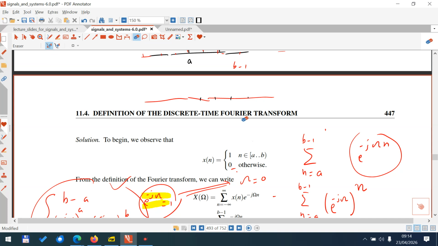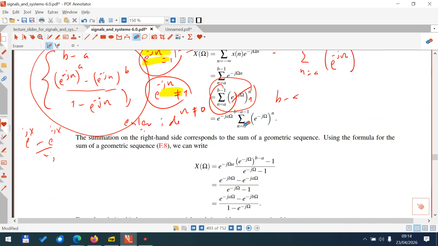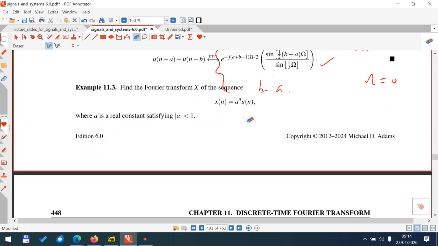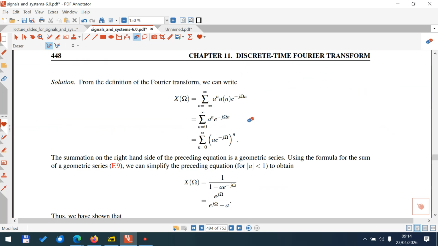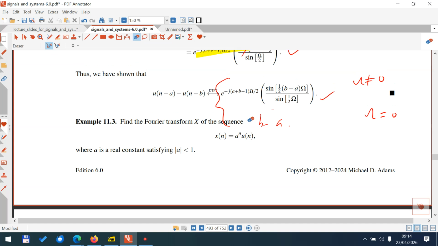We didn't need any generalized transform. But the next summation, no, here it's also classical because you have this real constant a, right? So let's work this out, and then we are done.